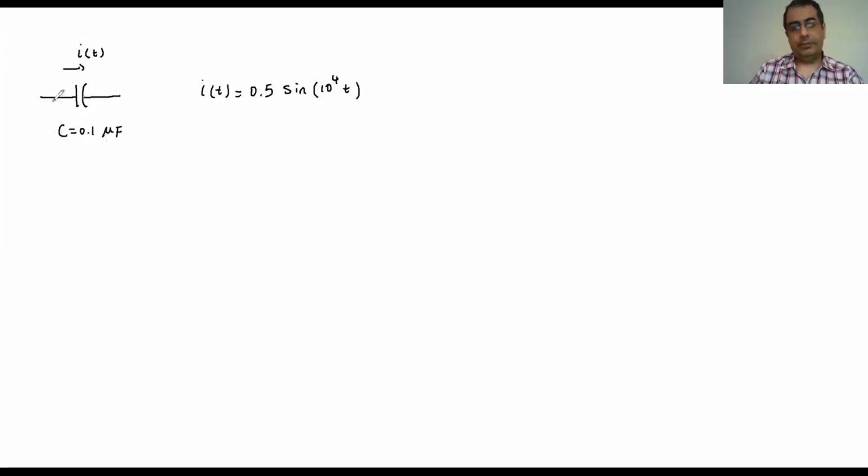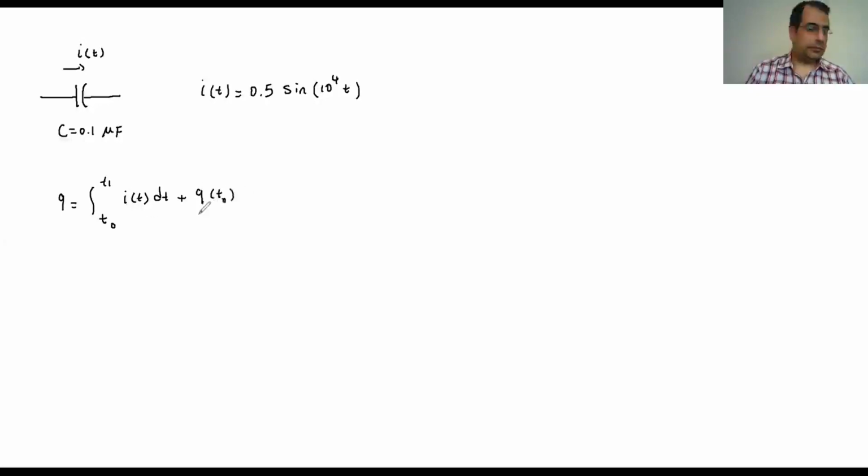So we know that for the charges, we have the equation. The equation we have was the integration from t0 to t1 of I(t) dt, plus Q at the time of 0.